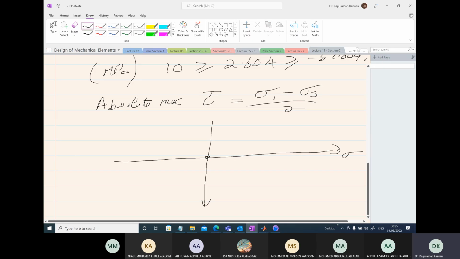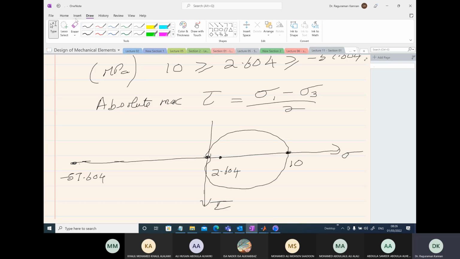Since I didn't go through it, I will briefly go through here. We will draw circles based upon sigma 1, 2 and 3 values. You will choose sigma 1 value, which is 10. In our case, sigma 2 value is 2.604 and sigma 3 value is minus 57.604.